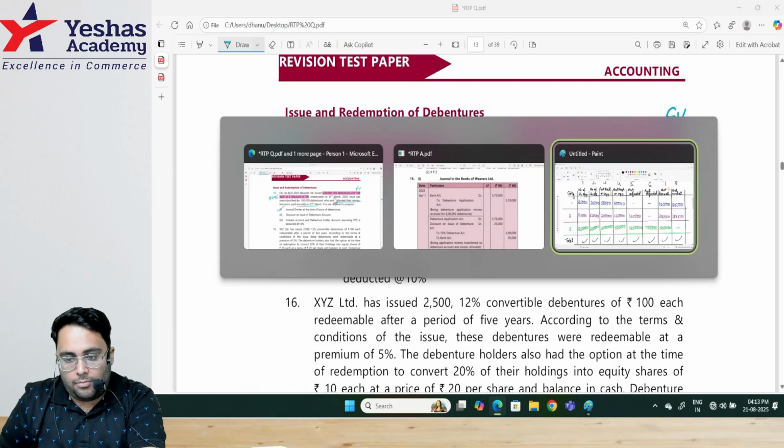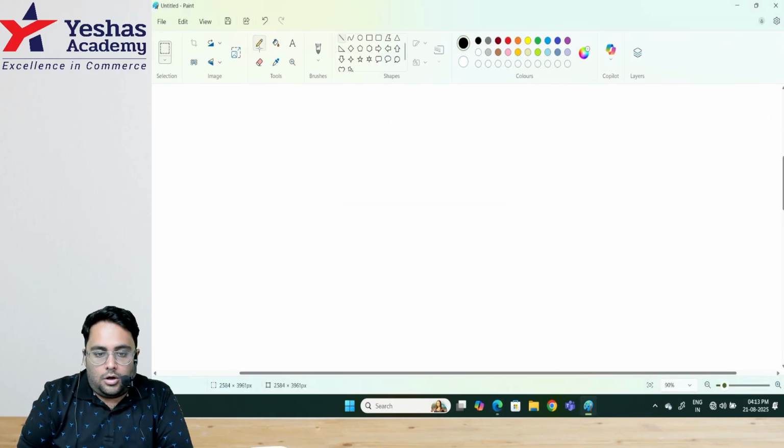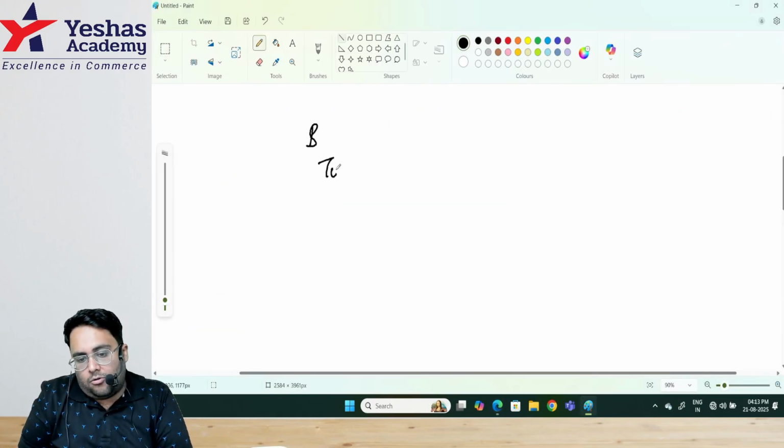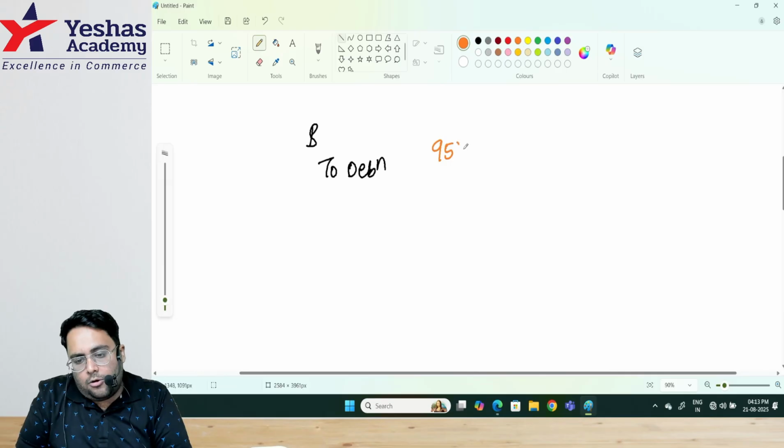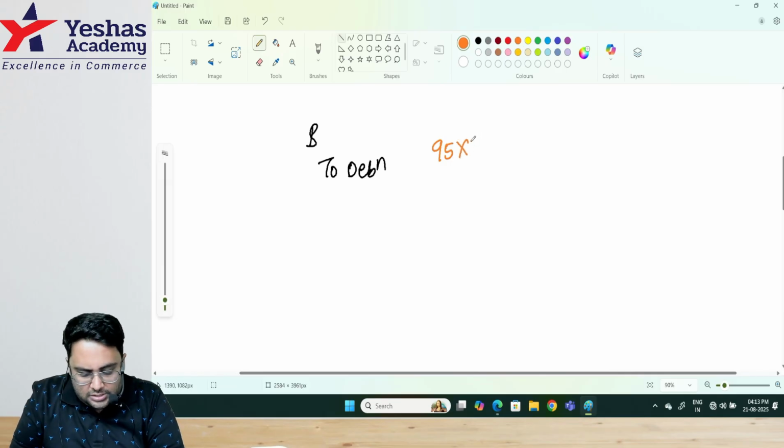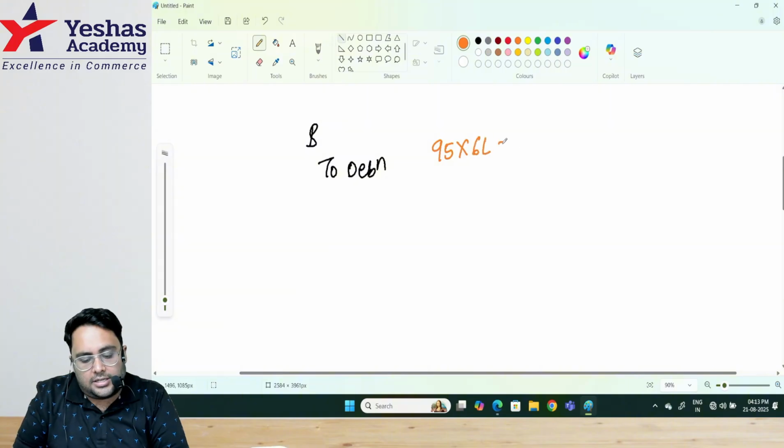So your entry will be bank account debit to debenture application account, 95 rupees into 6 lakh debentures. That is equal to how much? 5 crore 70 lakh.